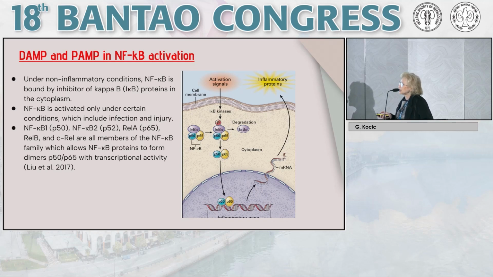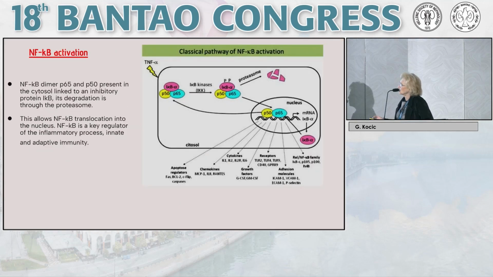After release of its inhibitor, which is immediately degraded, the heterodimer p50 and p65 is translocated immediately to the nucleus, and then it binds specific promoter sites for induction of a number of cytokines, toll-like receptors, growth factors, chemokines, apoptotic regulators, adhesion molecules, and it can also induce its own subunits.